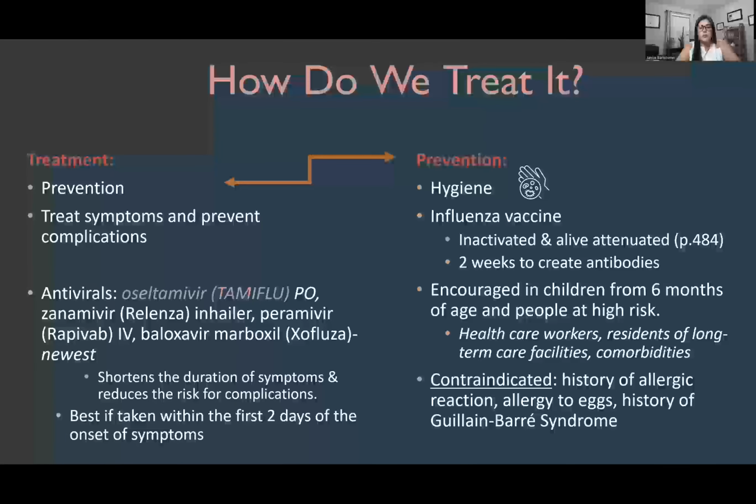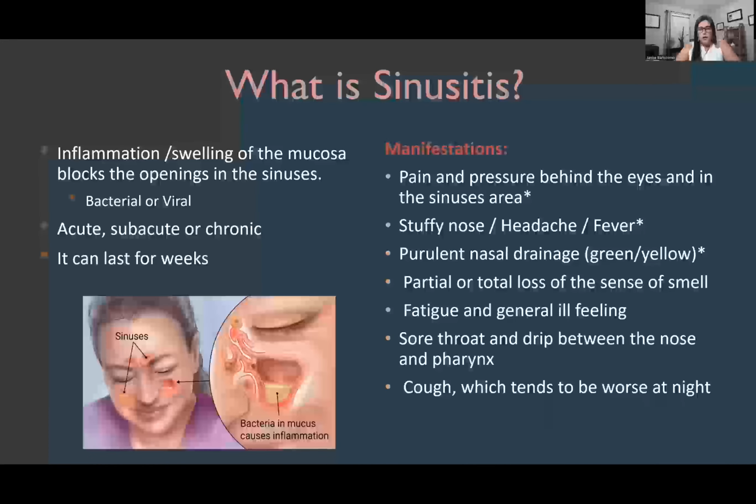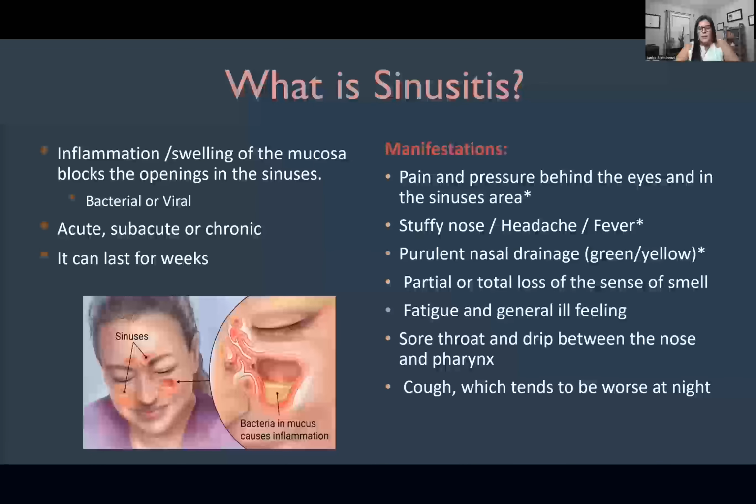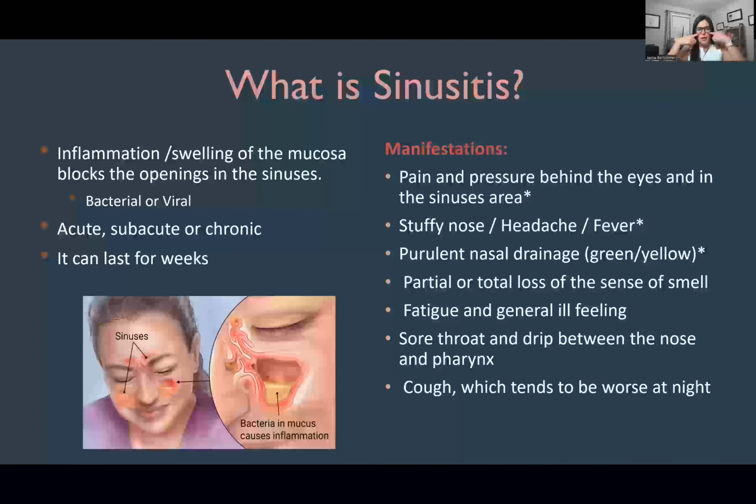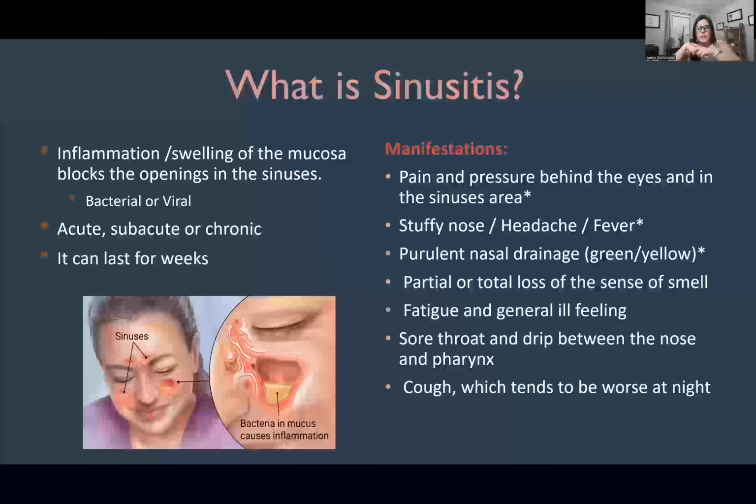Okay, moving on to the next problem, which is sinusitis. Sinusitis is an inflammation or swelling of the mucosa that lines these openings that we have right here under our eyes. They're called the sinuses.